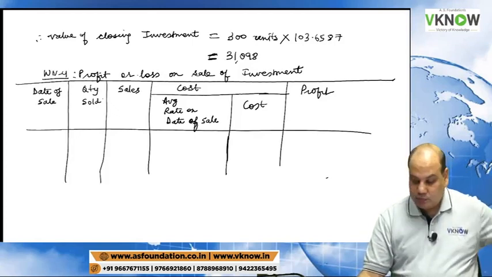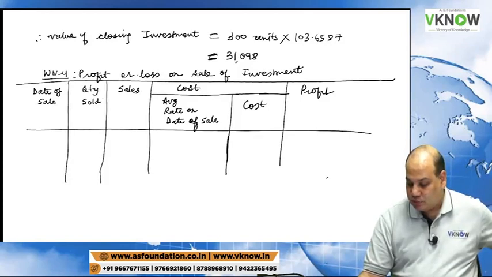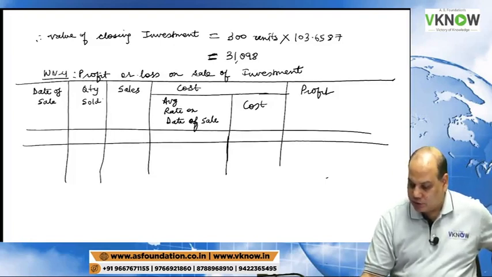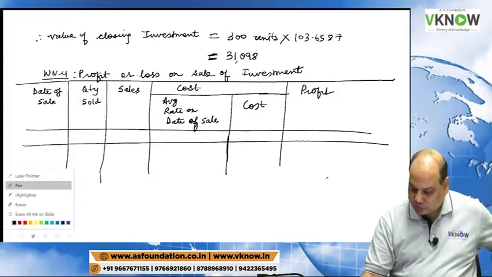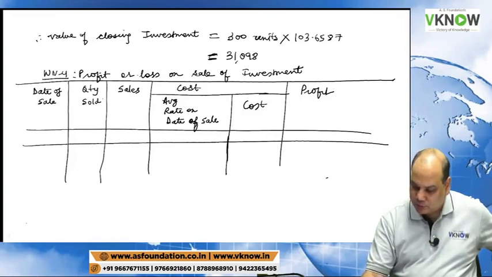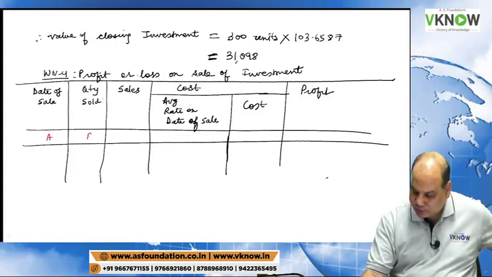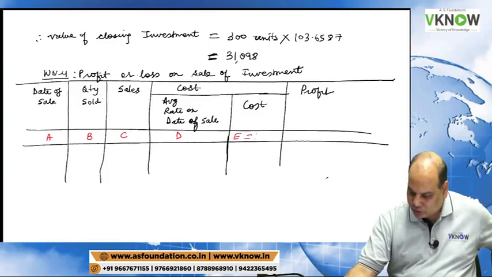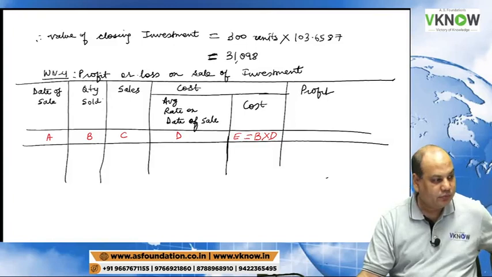Date of sale, quantity sold, sales, cost. Under cost we will calculate average rate on date of sale, then total cost, and last column profit. So you will write down column number A, column number B, column number C, D, E. Column number E will be B into D, quantity into rate.